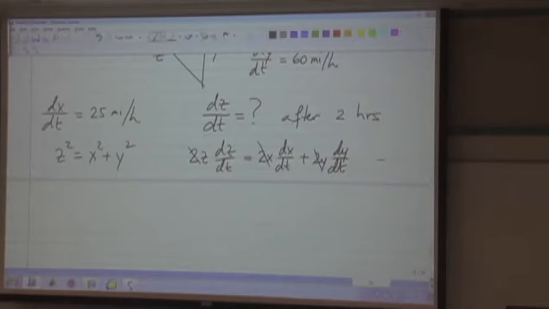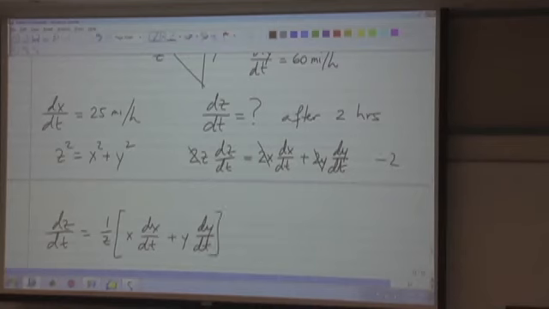Divide by 2 both sides. dz over dt is equal to 1 over z times x dx over dt plus y dy over dt, right?